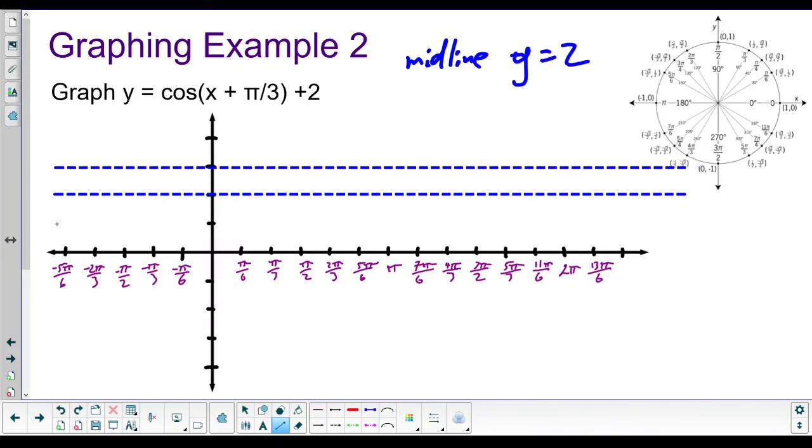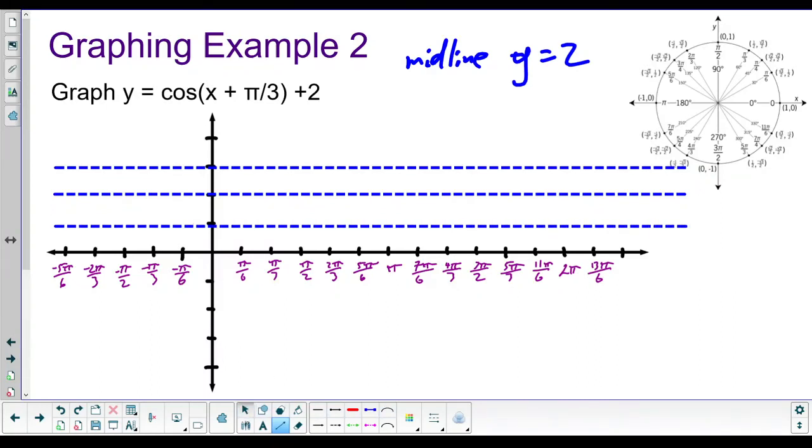And then our minimum will be 1 below that. Okay. So here is our midline. That's our quote-unquote 0 because of this vertical shift of 2.